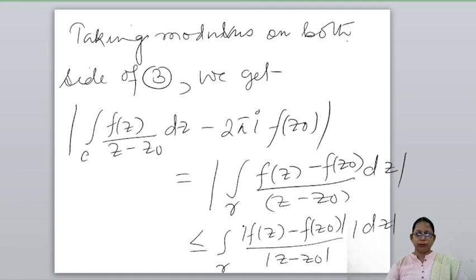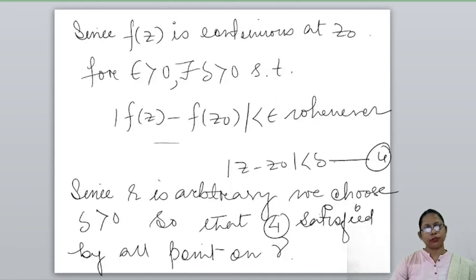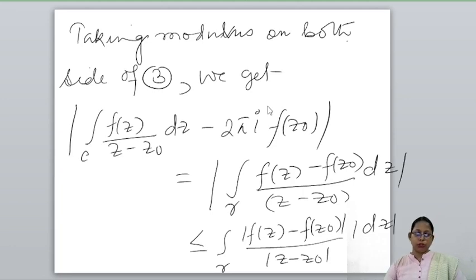From 4, this portion, f(z) minus f(z naught), is less than epsilon. So I use this.